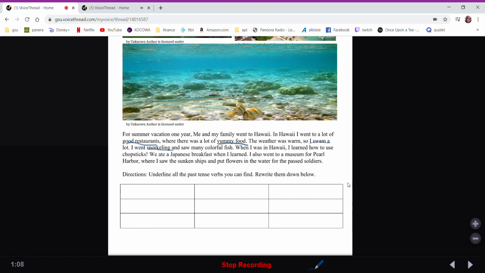So once that's done, I'm going to ask them to underline all the past tense verbs used in the writing. I'm going to give them about 5 to 10 minutes because I want them to write them underneath as well. So you're going to underline them and then write them down below.